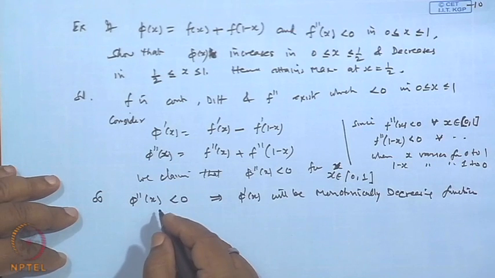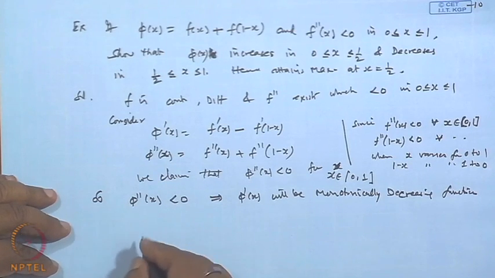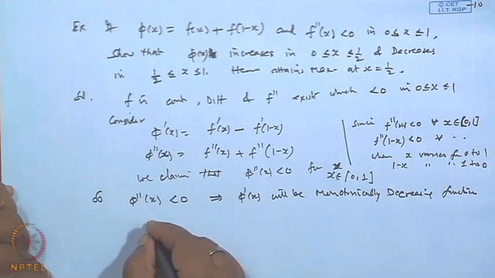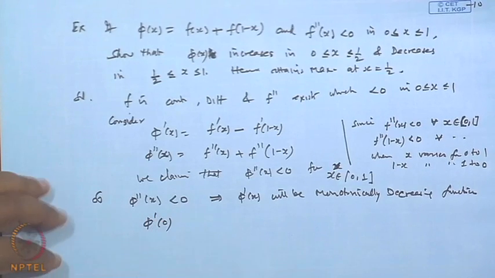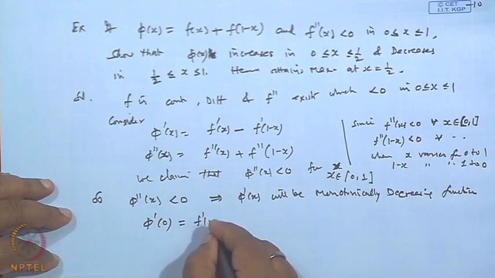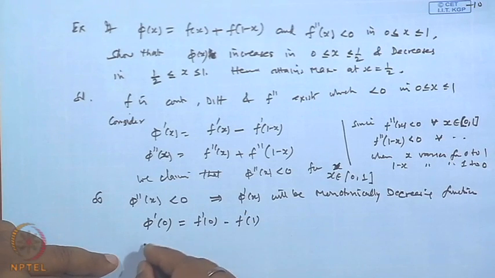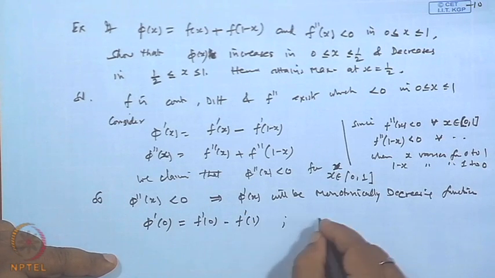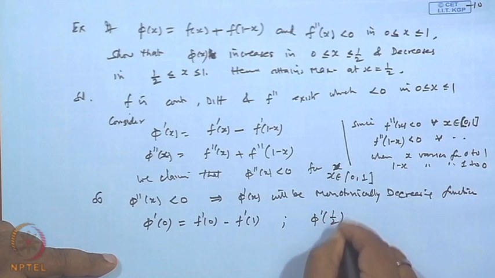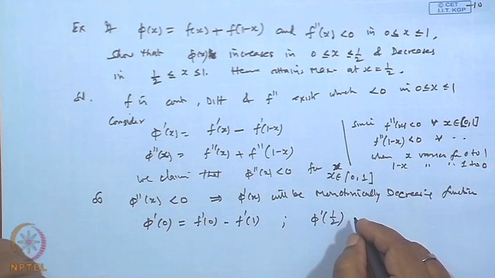So, what is the value of the function at the point 0? The value of the function at the point 0 is f prime 0 minus f prime 1. The value of phi dash at the point half is nothing but what?